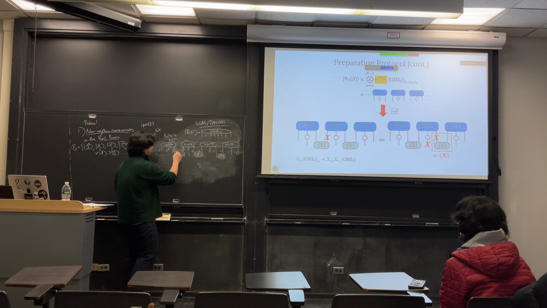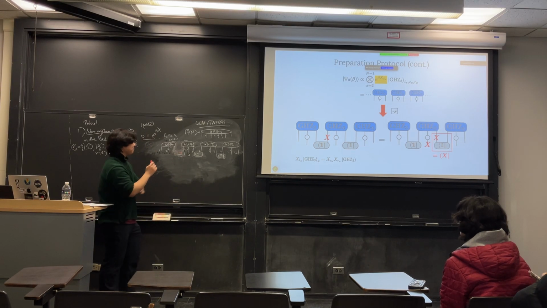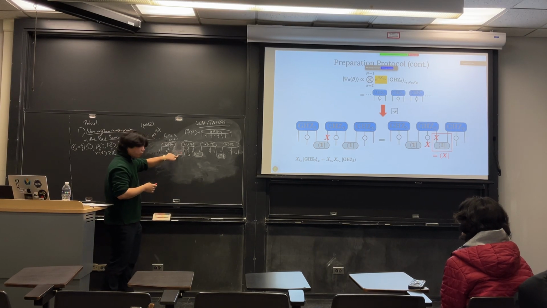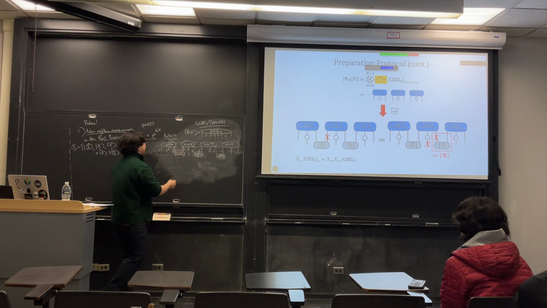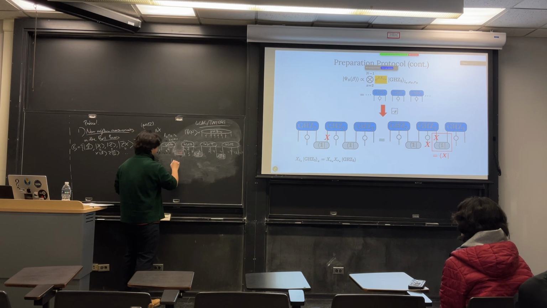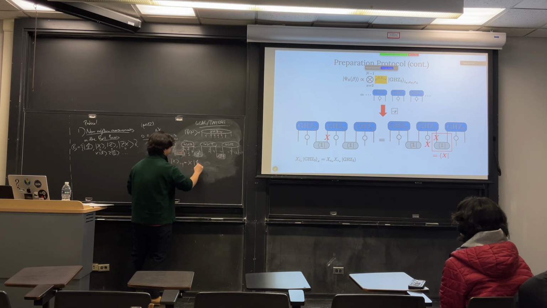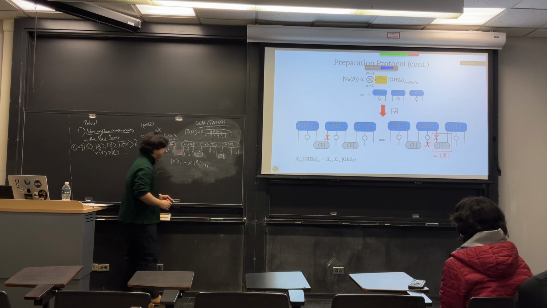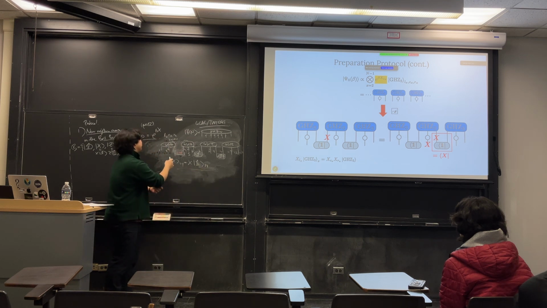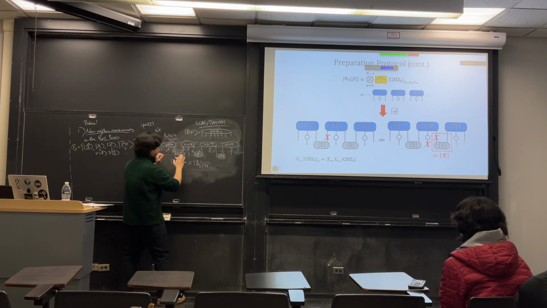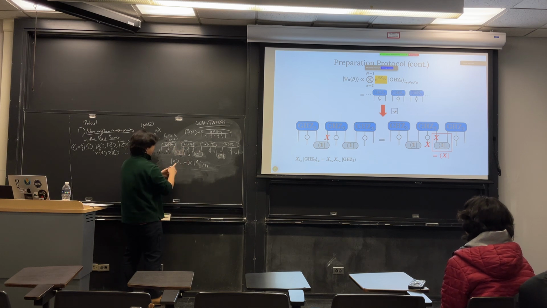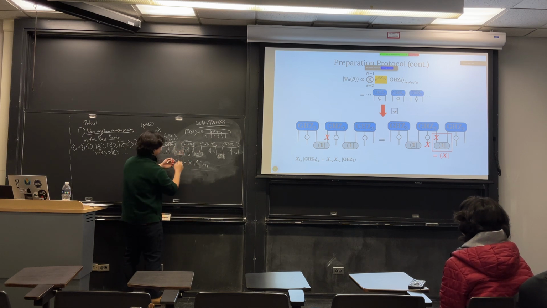Okay, so we get an X state. But if you think about this, what the state exactly is, right? We have X, and it's on qubits 3 and 4. This is just a common Bell state identity, equal to this, right? So this is a physical system, but we can express the same physical system slightly differently, where we have a 1 here, and this X gets pushed out onto the 4th qubit.